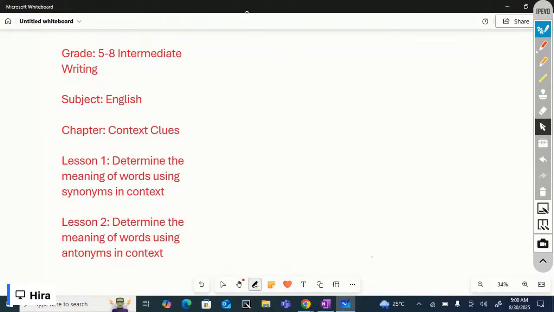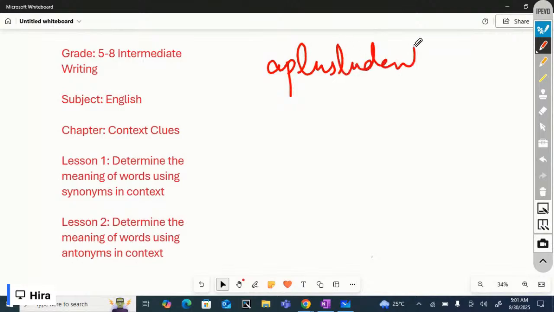Today, I have selected a chapter from grade 6, but before this, let's log into aplusstudents.com and move to the language arts section.